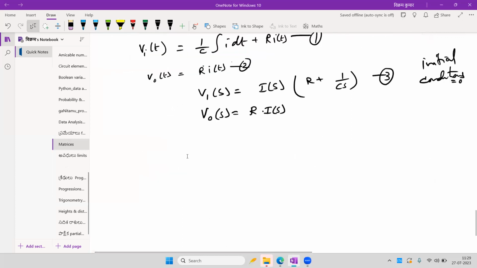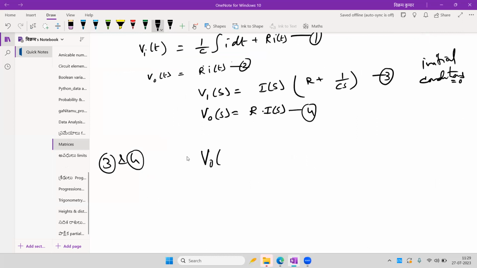Now I will use equation 3 and 4. When I divide 4 by 3, I will get V naught of S by VA of S is equal to R by R plus 1 by CS.